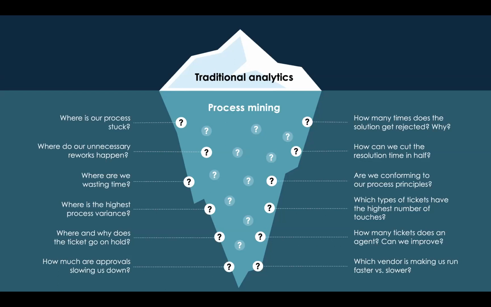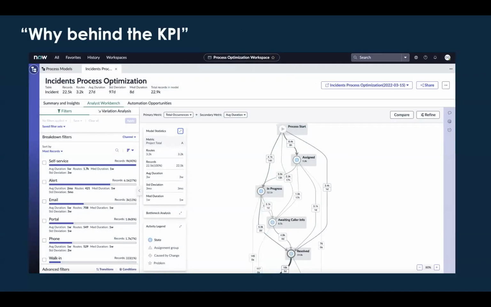All these types of questions, most of our customers have been trying to answer for years, and they've been difficult to answer and act upon. And now, as you've seen in prior sessions, the answers to these questions are available for most of us in a couple of clicks. We like to say that process optimization is going to get you to the why behind all those KPIs.